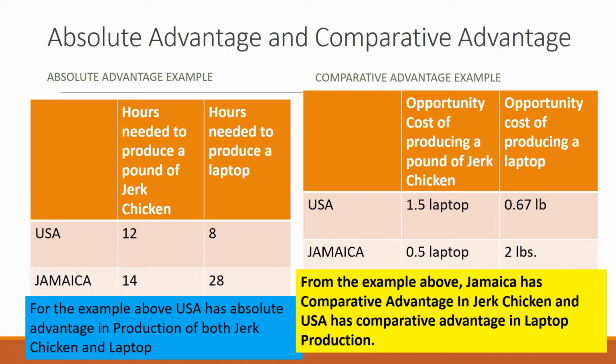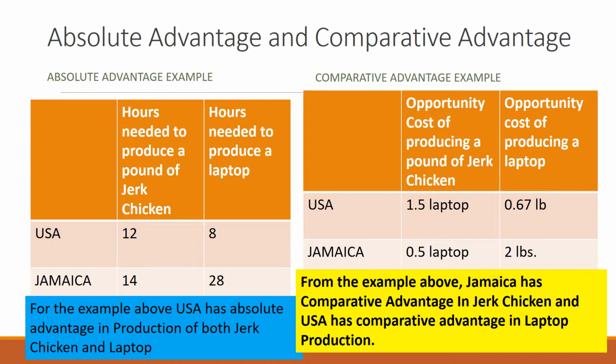So therefore, based on this comparative advantage data, we see that Jamaica should specialize in jerk chicken production and US should specialize in laptop production, because that's what these two countries are comparatively better at, and then they should engage in mutually gainful international trade. So mutually gainful international trade is conducted based on comparative advantage, not based on absolute advantage, right?